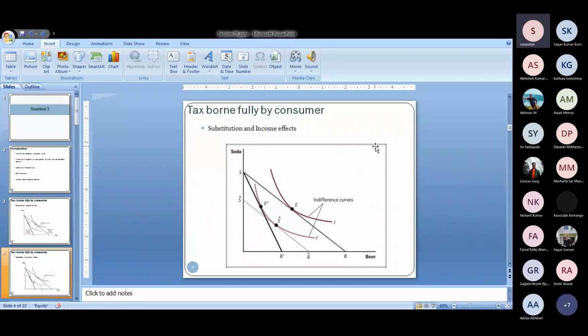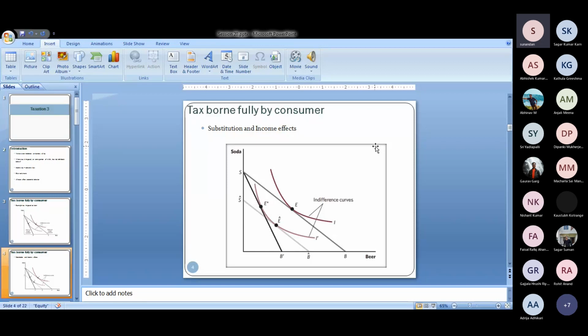Fine. What we have done, we have taken away money straight away from this person such that he attains the same utility level I prime. So he becomes indifferent between E star and E hat. So we will say that the movement from E to E hat is the pure income effect. And a movement from E hat to E star is a substitution effect, right? I don't think there will be any confusion. We have done these things so many times.